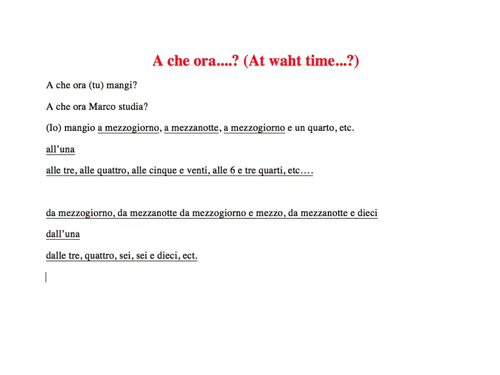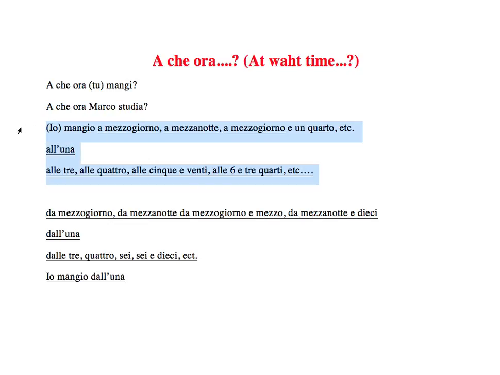Okay, so let's say now I eat from 1 o'clock to 2 o'clock. So I eat, io mangio, so from 1 o'clock, this is from, okay, so mangio, so you see 1 o'clock is dal, so dall'una, and now I said that for to you use the same form that you have already learned to answer the question at what time.